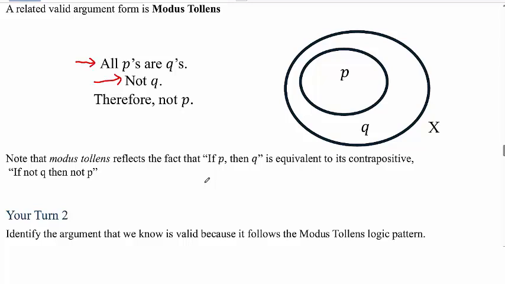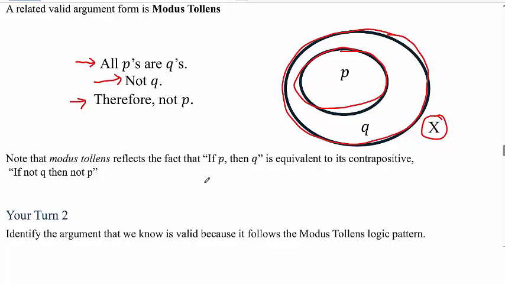So in this Euler diagram, you see all P's are Q's, so that means that the P circle is inside of the Q circle. But then we say that Q didn't happen. So in other words, that X is not a Q. So it has to be outside the Q circle, which means that X is not a P either. So the conclusion is P didn't happen either.